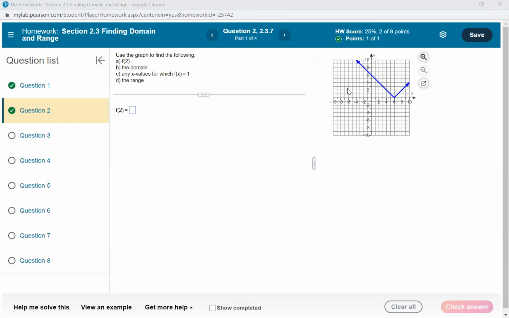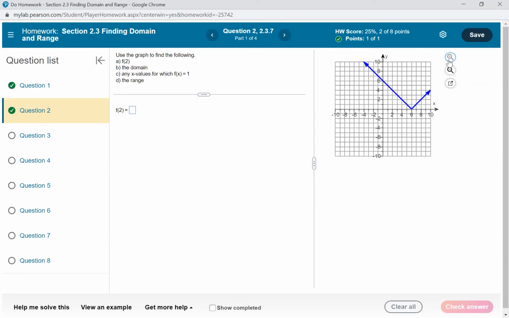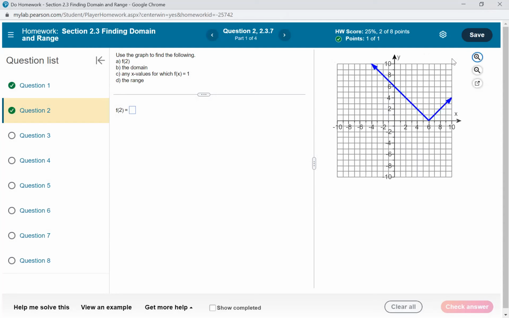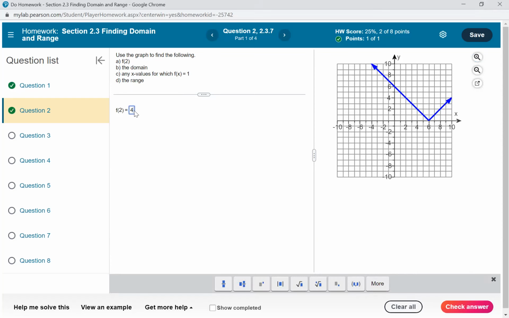So for y'all's question number 1, I'm going to make this just a little larger for you. So for question 1, y'all, f of 2. What Y value do I get when X is 2? Oh, y'all are quick, so let me go. So if I go to 2, that takes me up to 4. So good job, Kara. Got that pretty quick. So that would be a 4.